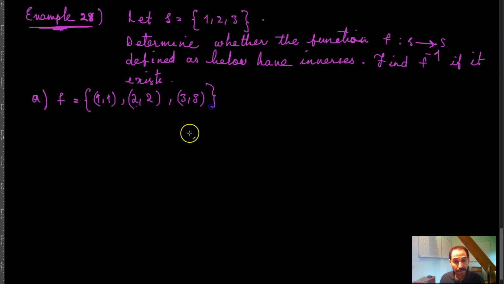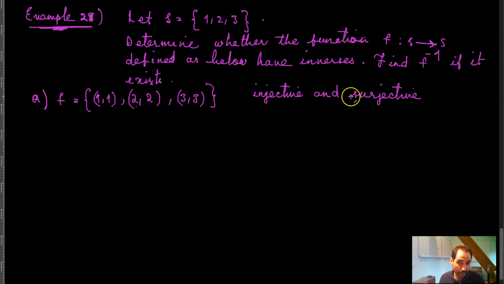So 1 to 1, 2 to 2, 3 to 3, which means that F is injective and surjective, or you can say it is one-to-one and onto.